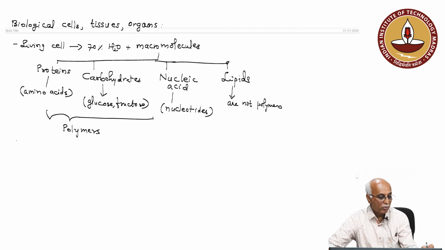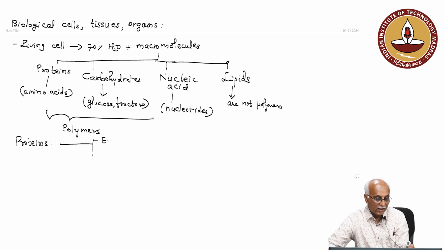When we talk about proteins, there are different types of proteins which are very important. One type is enzymes, and as we know, they take active part in catalyzing some of the metabolic activities. Then there are structural proteins.